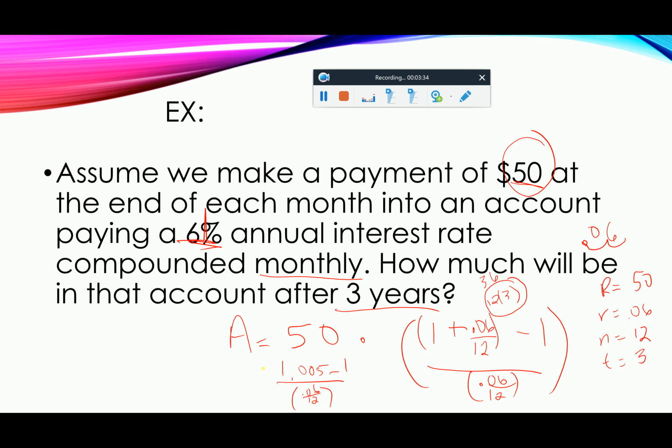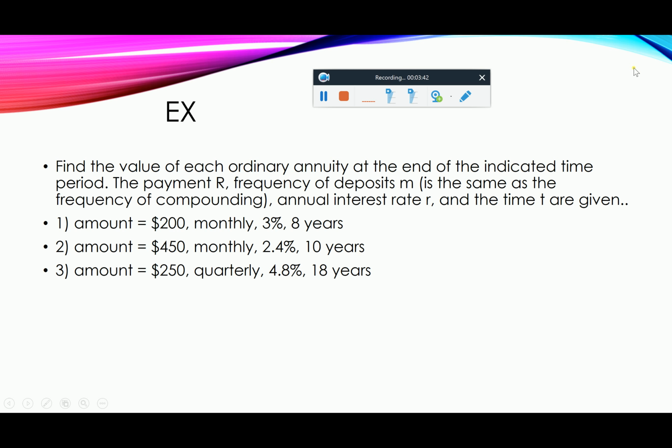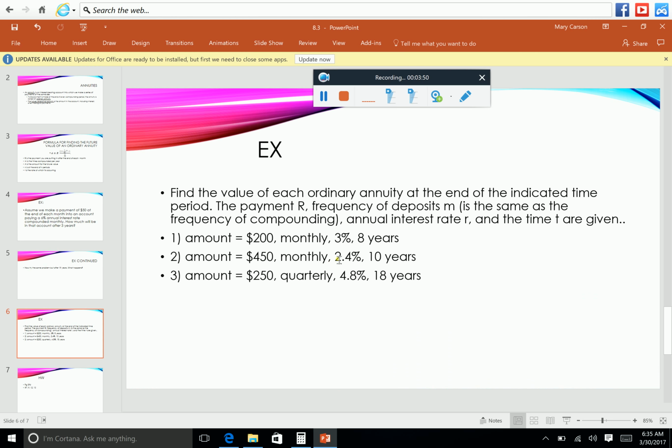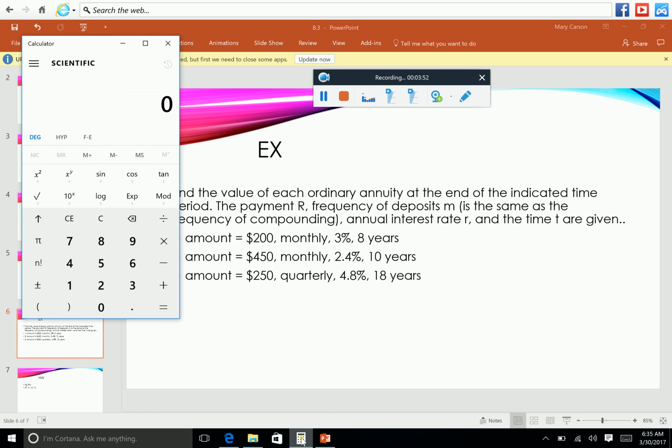So let me show you guys how I do this in the calculator real quick, okay? I'll pull up the calculator.